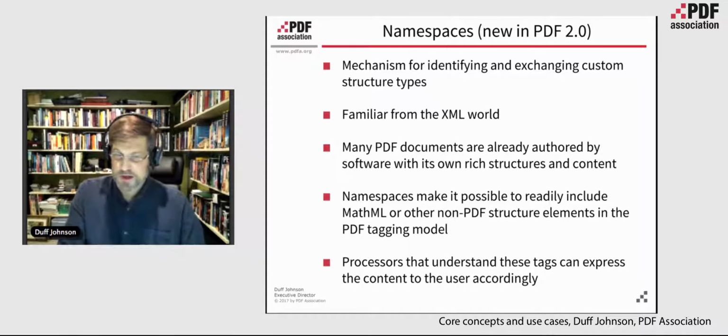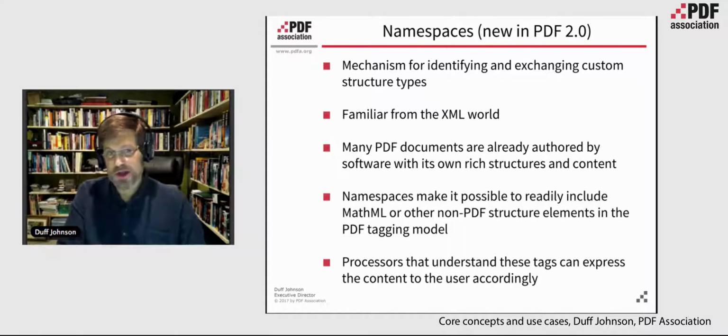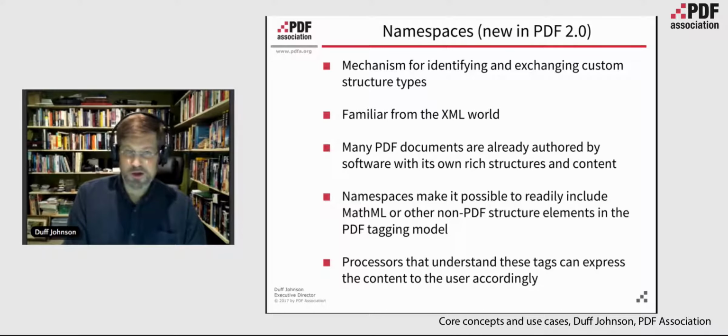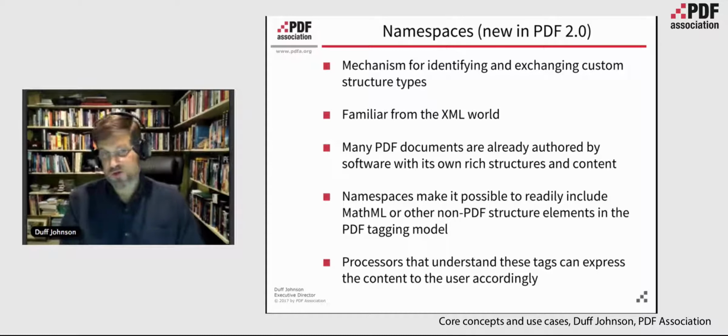So processors understanding these structure elements, and as I say, it'd be readily possible for an organization to have their own adaptation of a PDF viewer that was introducing particular namespaces, and then it was able to recognize them because their distributed viewer had a special relationship with those namespaces and was able to represent them.